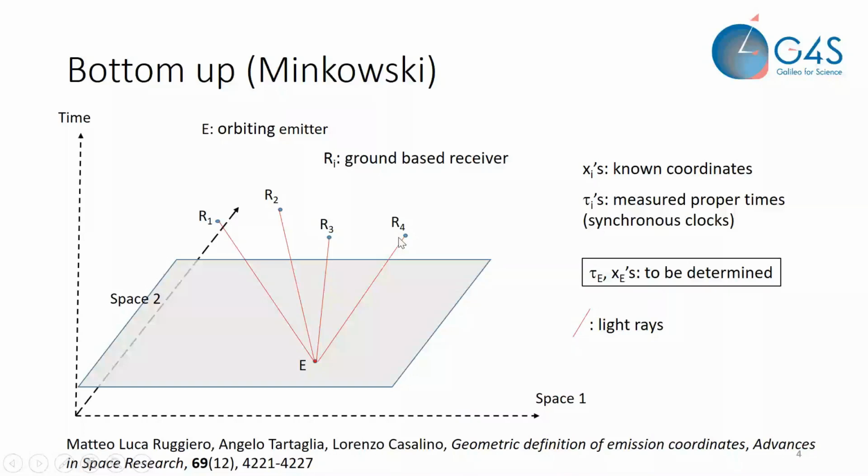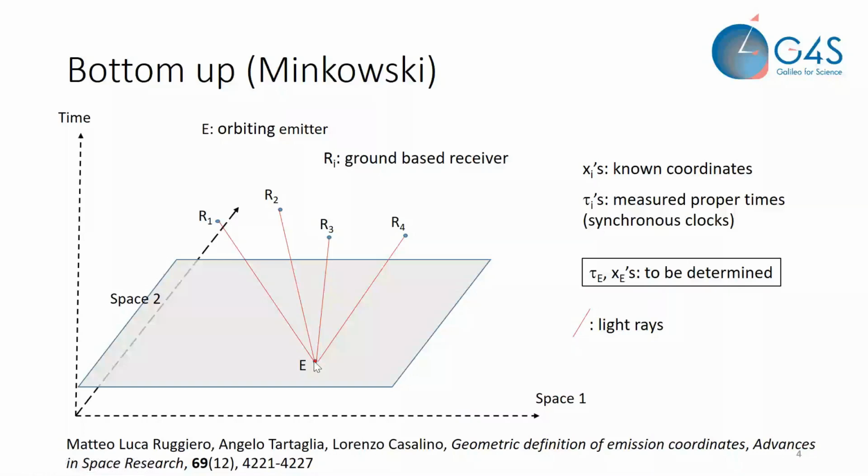You know the coordinates, and the receivers have synchronized clocks. They are measuring the arrival times of the signals coming from the emitter. This is what you know. Using this data, you have to calculate the position of the emitter in space and time.